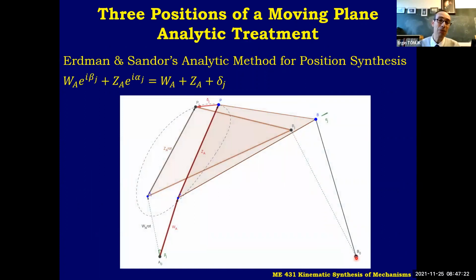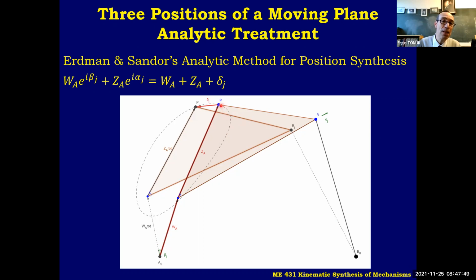That is, we would like to determine such a 4-bar, but it's not defined yet, okay? We don't know it. What we know is only the positions of the moving plane, which are in analytic treatment designated by a point and the angular positions of the plane.